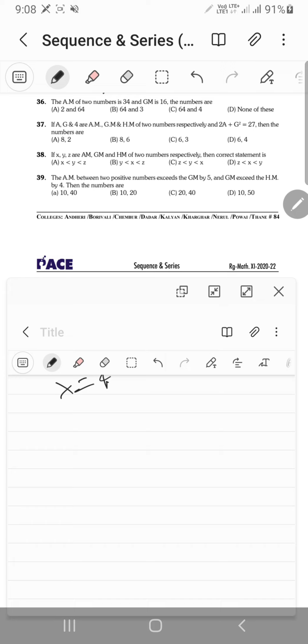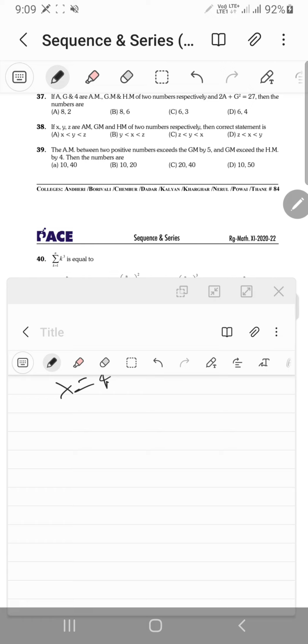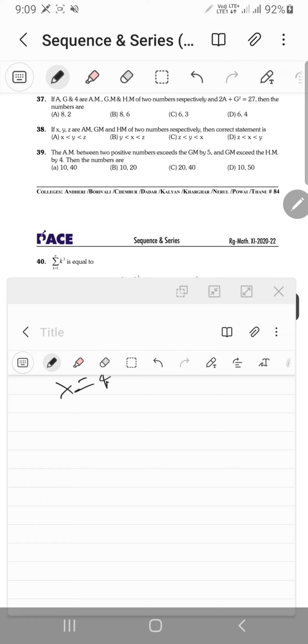GM is 16. Well, this definitely doesn't work. This kind of works, I think, because 64 times 4, that's just 4 power 4. Square root of that, that's 4 power 2, which is 16. And the addition is 68. So this works.